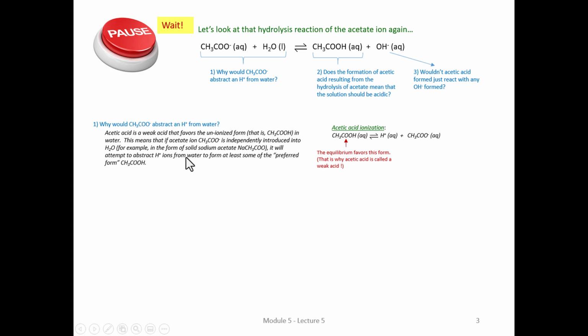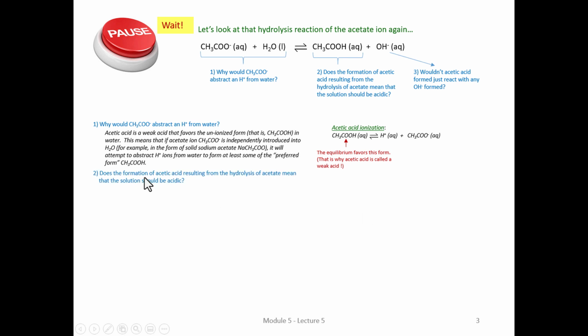So that would mean that if we independently put acetate ion into water, for example, in the form of solid sodium acetate, the acetate ion will attempt to abstract H plus ions from water to form at least some of the preferred form, which is acetic acid.